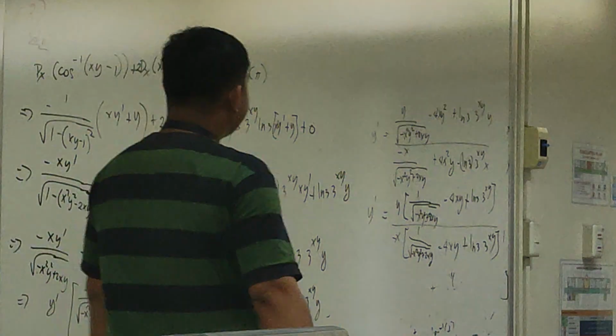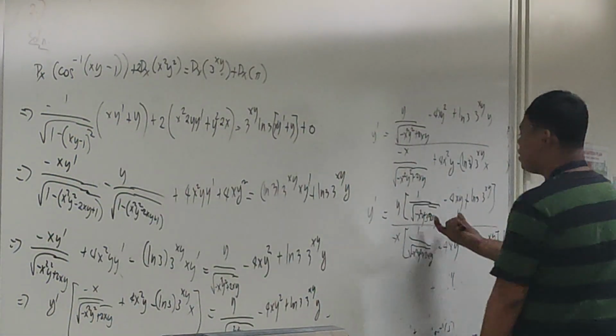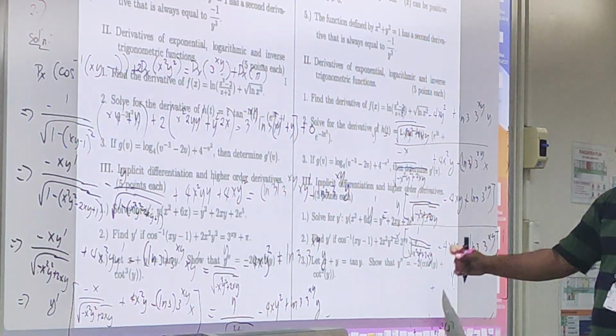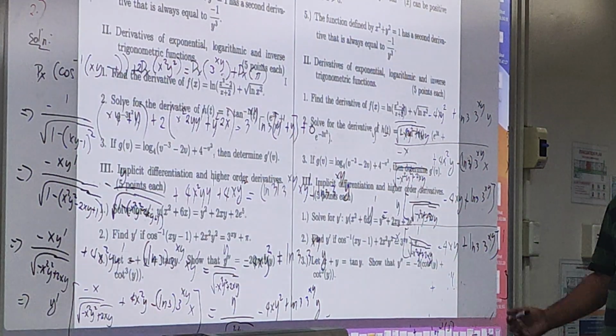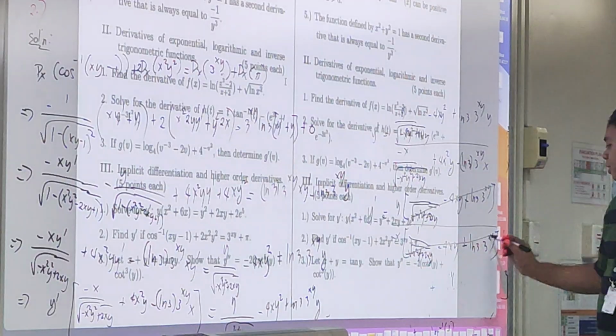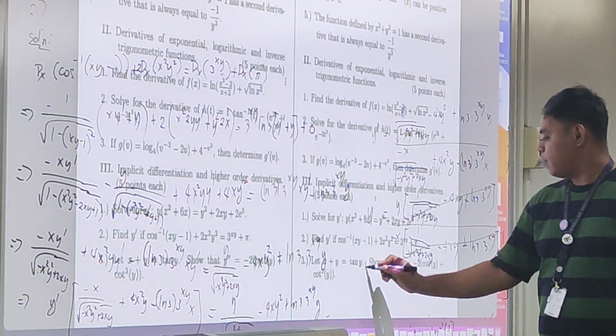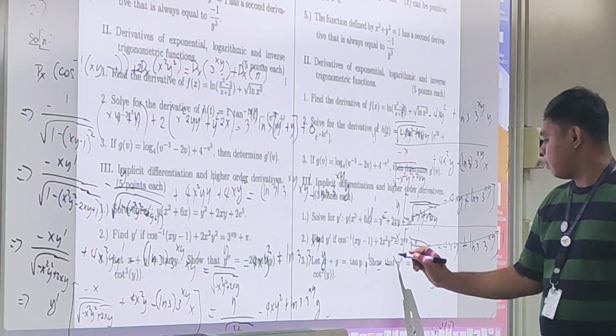So take note that for this expression inside here, every term here is the same as every term here now. So that's why we can cancel it out, and this will be y prime is just equal to negative y over x.